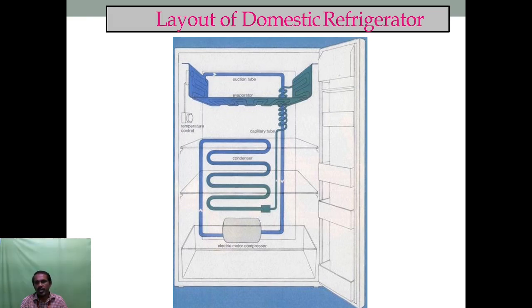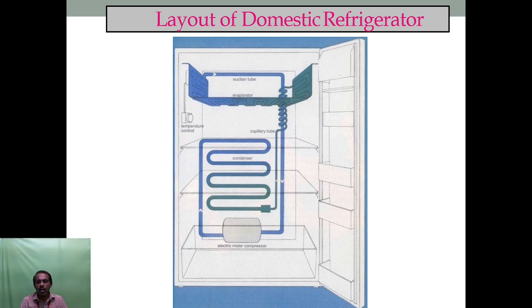So this forms the cooling. The fridge has to cool in a closed system. If the system is not closed, the heat is not rejected; it is only for heating of the object. The next important part is temperature control, which is connected to the evaporator.